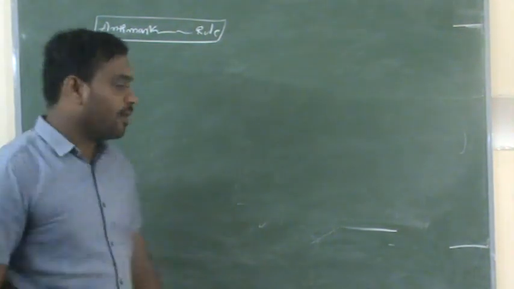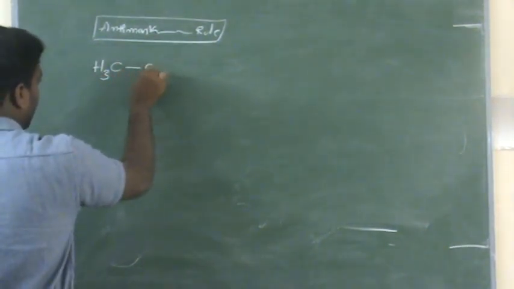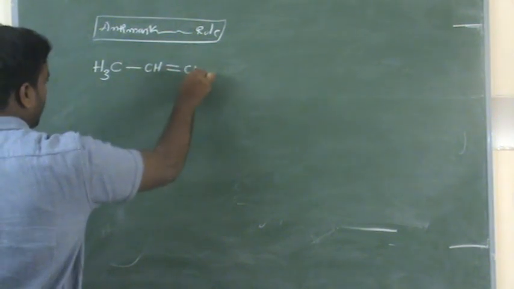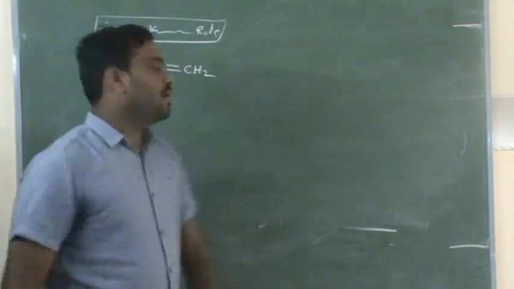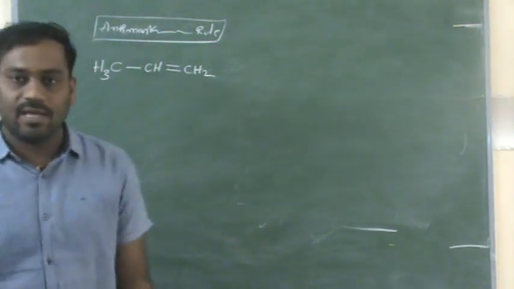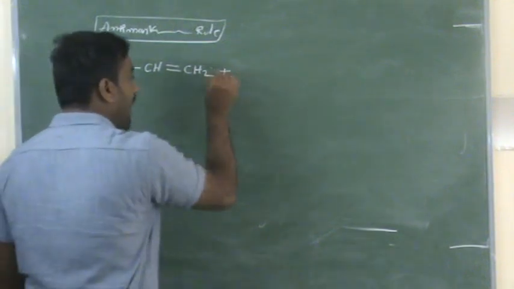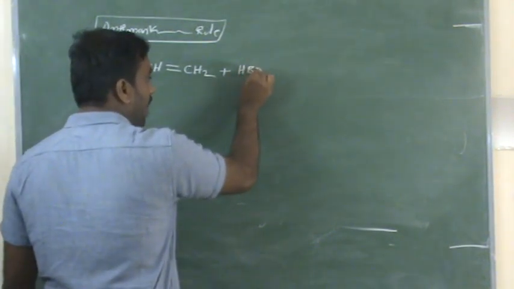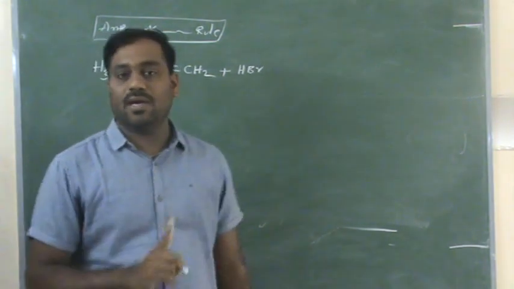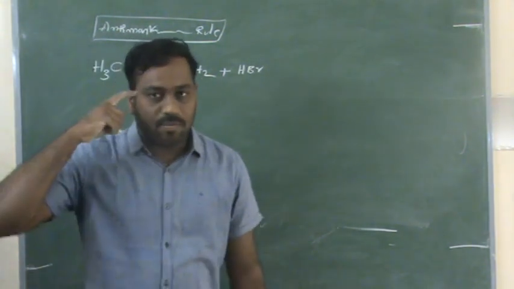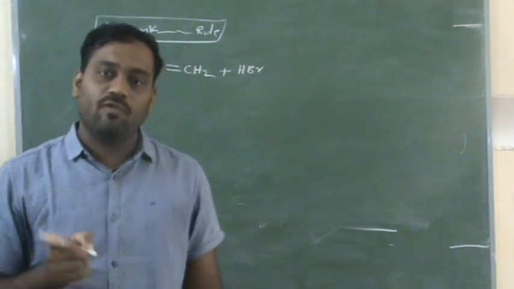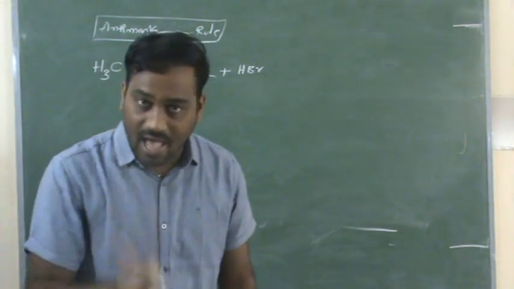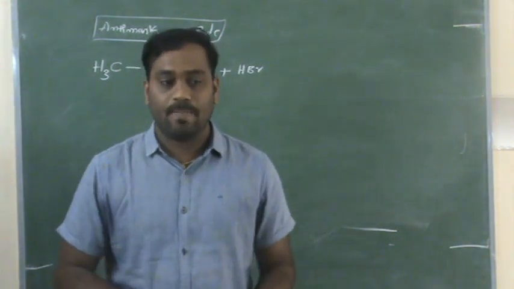So when does the anti-Markovnikov rule happen? Again, you don't take the symmetrical alkene, for either the Markovnikov rule or the anti-Markovnikov rule. You should take an unsymmetrical alkene. And this prop-1-ene is the unsymmetrical alkene. For that you are adding HBr. Only you can take HBr. Keep in mind that the anti-Markovnikov rule is not applicable for HI and HCl.